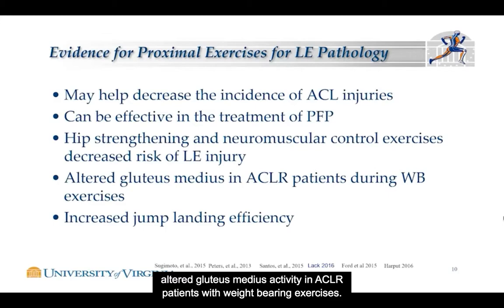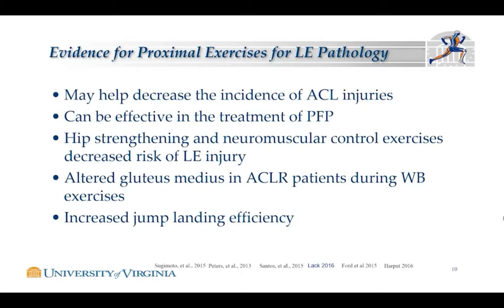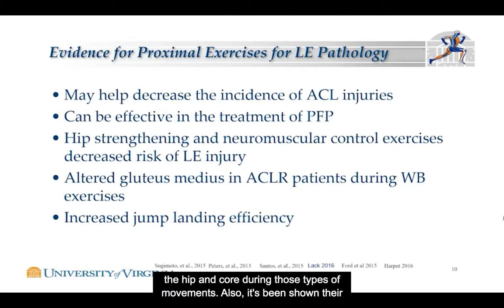There's altered gluteus medius activity in ACLR patients with weight-bearing exercises. It's been shown to be decreased with those individuals. And you also utilize proximal exercises that increase jump landing efficiency when you strengthen the hip and core during those types of movements.